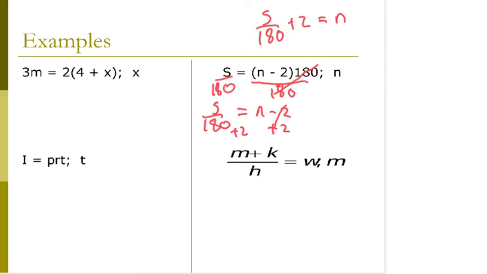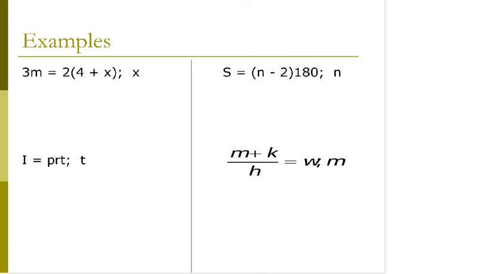For the next one, we're trying to solve for m. So we're given m plus k over h equals w. We're trying to get m by itself. So we have to get rid of that divide by h by multiplying both sides by h.